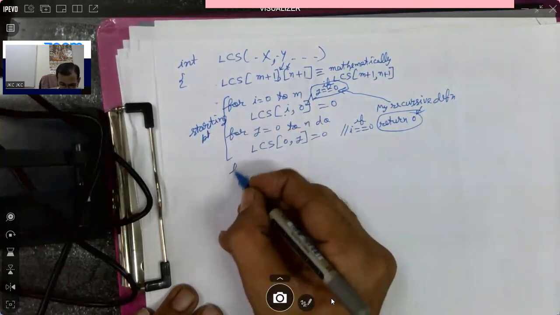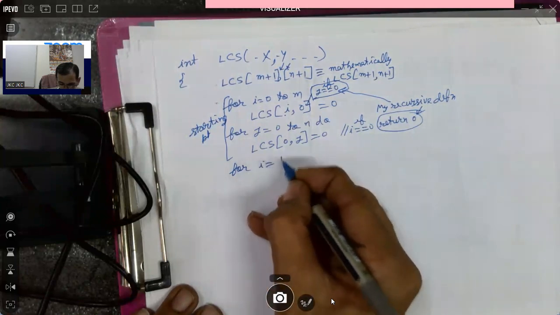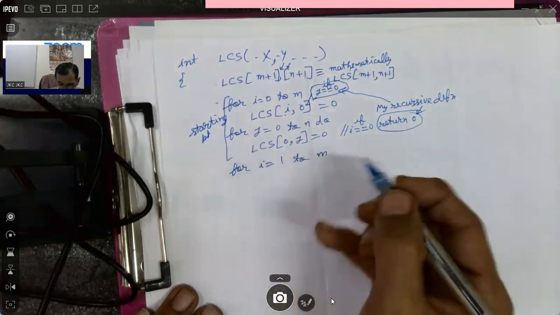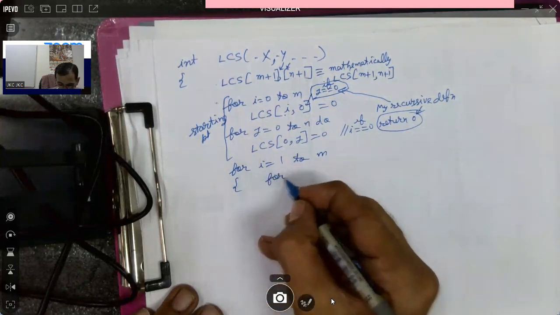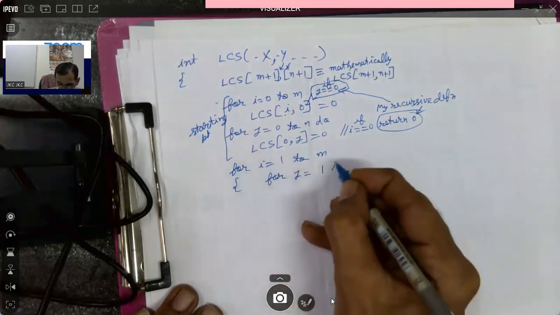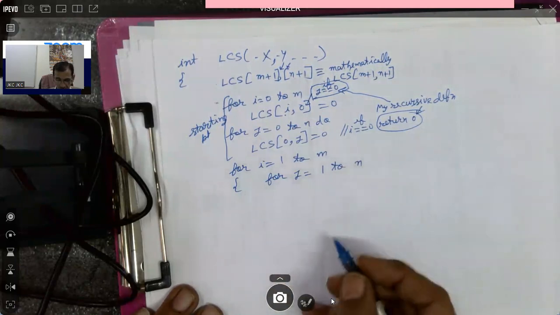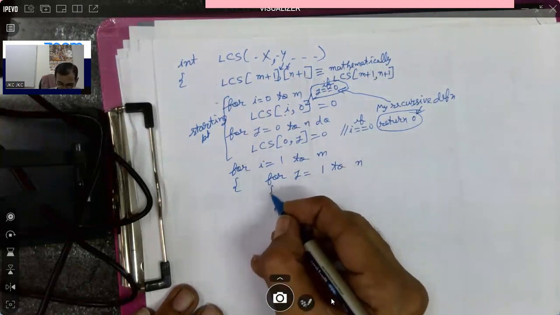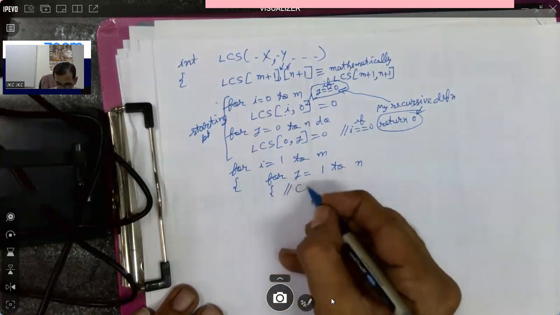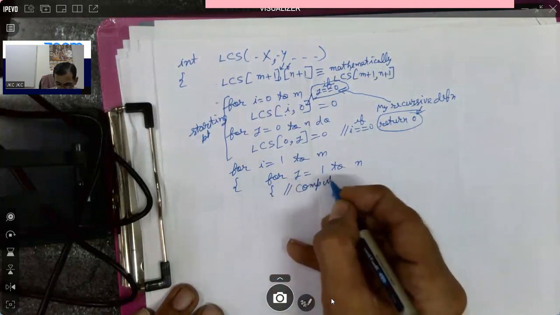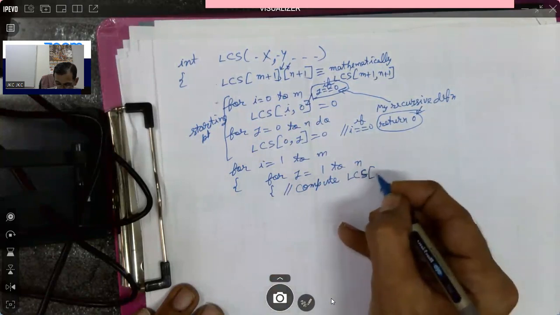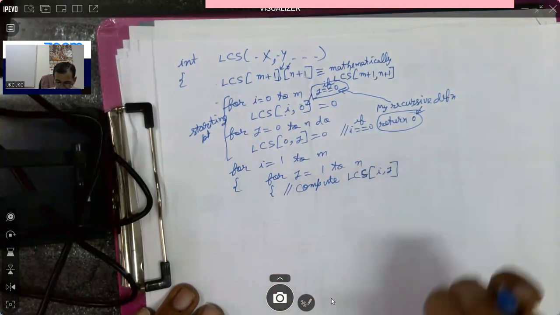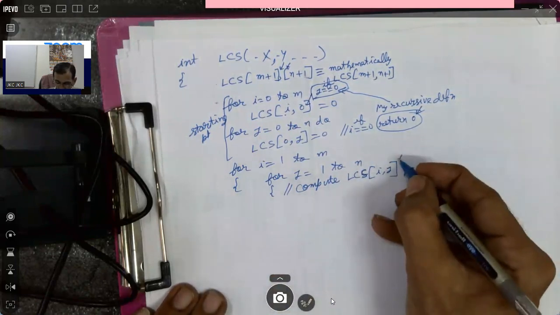I have already seen that I can go row-wise. So for i equal to 1 to m do, and then within that, for j equal to 1 to n, we can calculate. Every time what I have to do, compute effectively LCS of i, j. And I know that LCS of i, j now computed will use previous values which have been already computed.